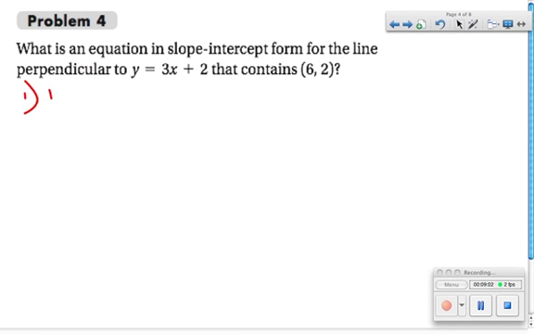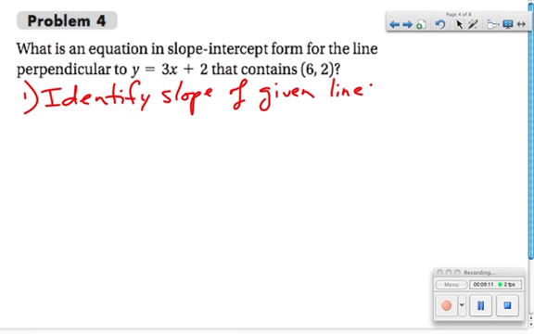Step 1. Identify the slope of the given line. What is the slope of the given line? 3. Given line has a slope of 3. Step 2.